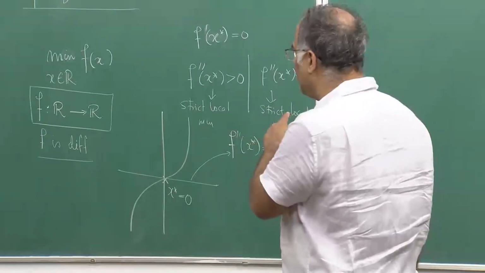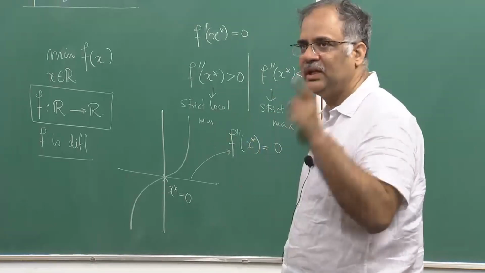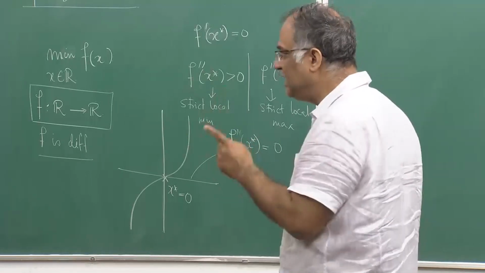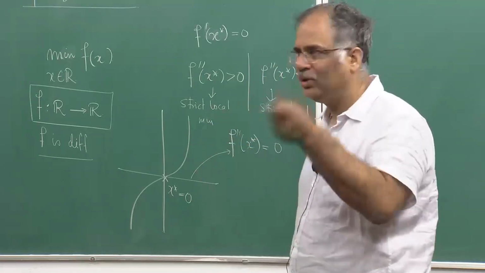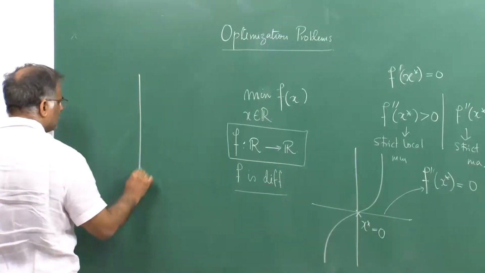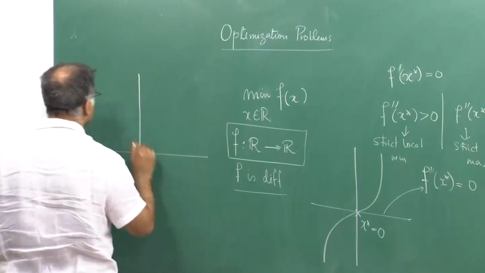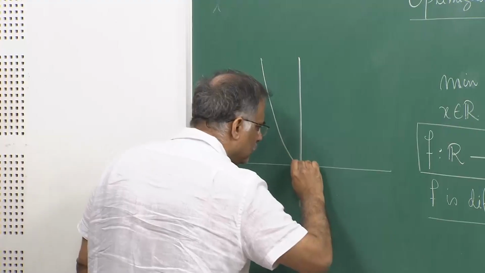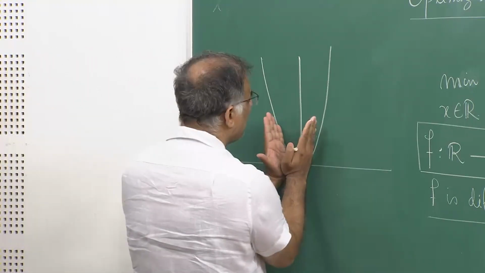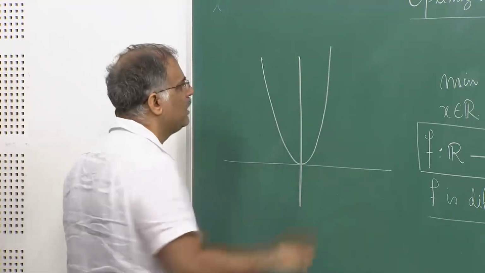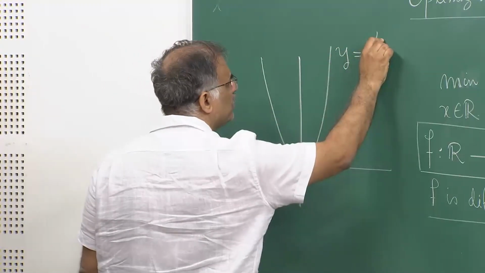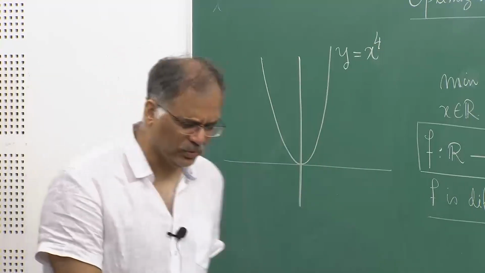I will give you an example of a function where the first derivative is 0 at 0, in fact the second derivative is 0, but 0 is the minimizer. This function is slightly steeper than y equal to x square, and this is the graph of the function f of x equal to x to the power 4.